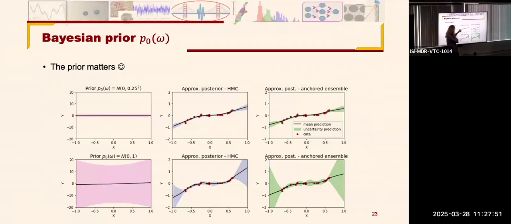I start with a really small prior, and I have a really small posterior uncertainty. If I increase the variance of my prior, I end up with a lot more posterior uncertainty. Basically, the prior matters more than the method we use for inference. There has been a lot of work on inference methods, but not a lot of work on how to set the prior for neural networks, and it matters a lot.